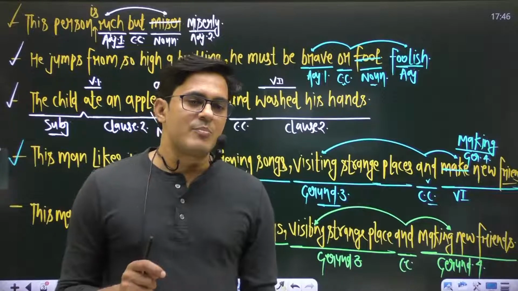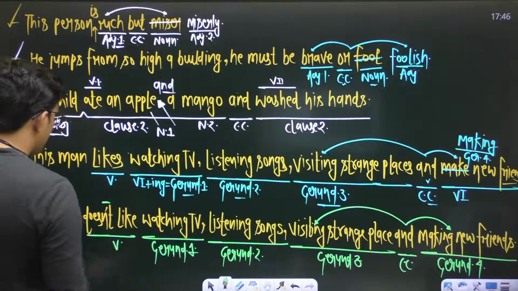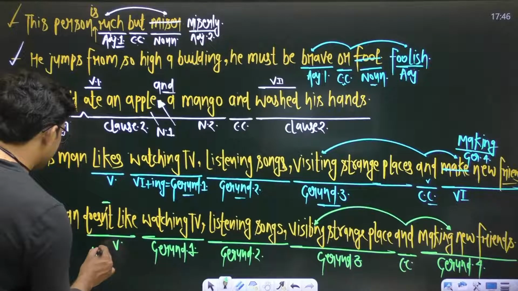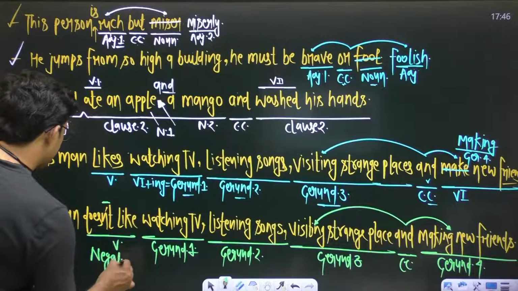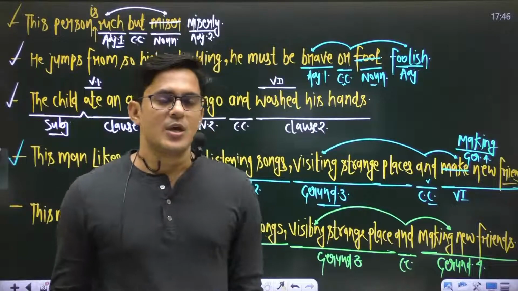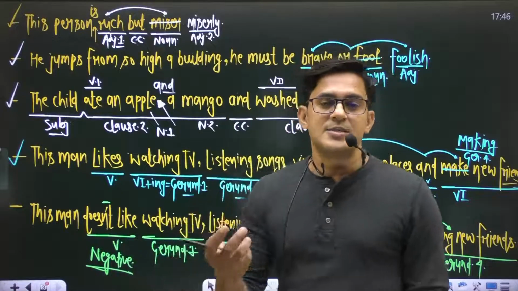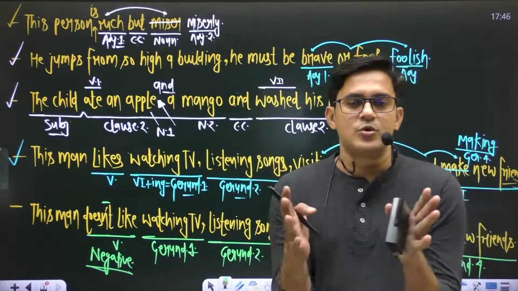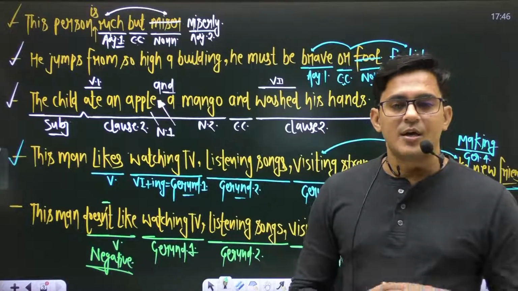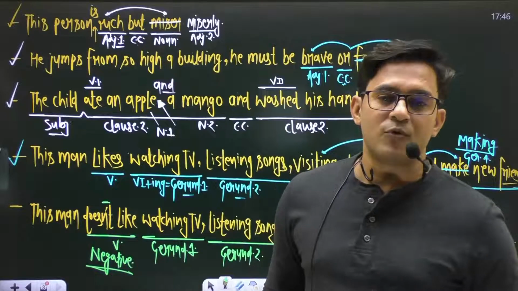But remember, this sentence is negative because of this word, does not like. This sentence is negative, and make it sure that in a negative sentence we don't use a coordinate conjunction. And is a conjunction which always adds more than one word, right?